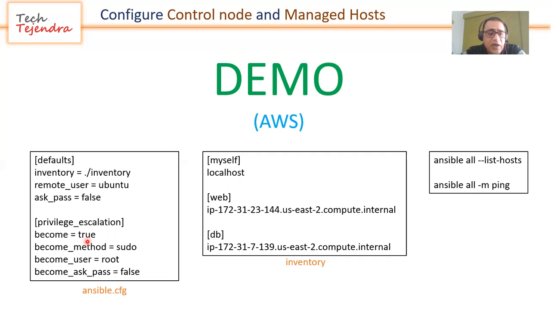Become true means giving the rights, kind of giving super user rights to this user to do all this configuration work in the managed host. Method would be sudo, the super user method. User would be root. And ask password false means it will not ask the password.